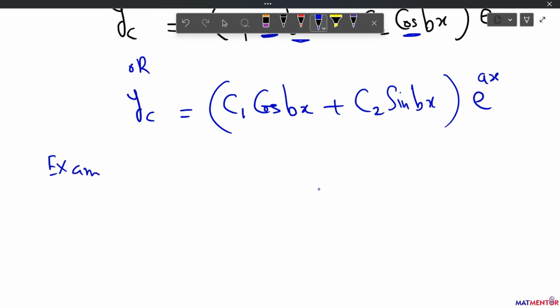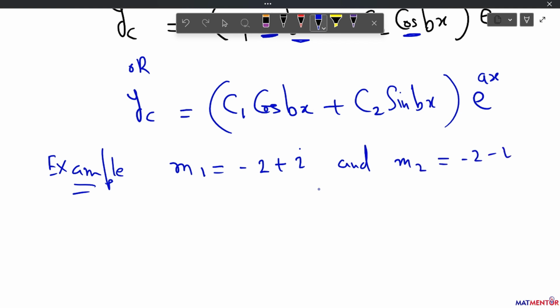I have roots. The first root is minus 2 plus iota, and the second root is minus 2 minus iota. And I can write these two roots like this: minus 2 plus minus iota.